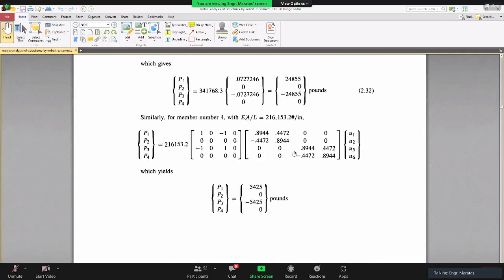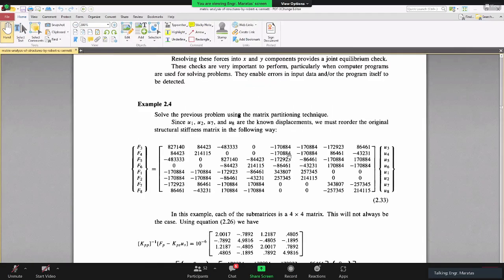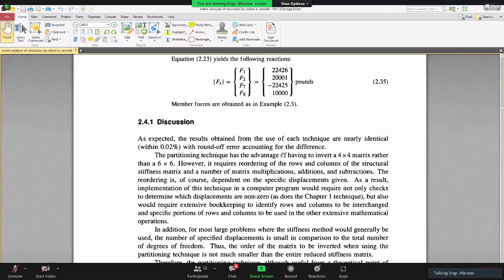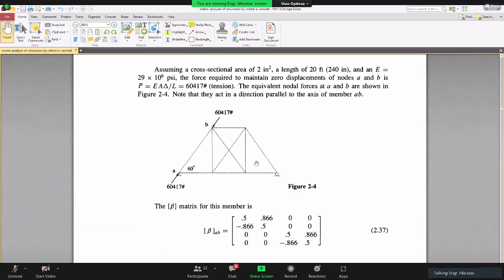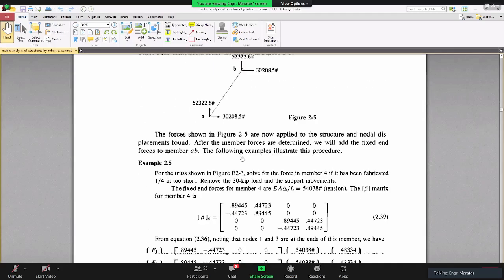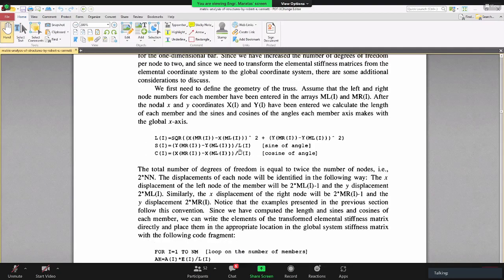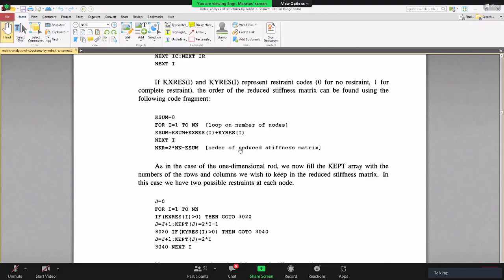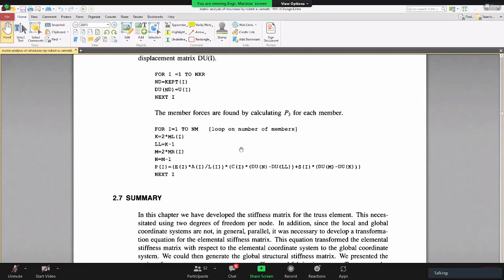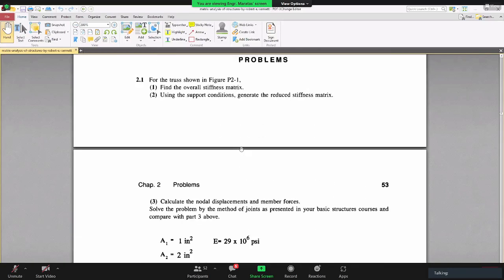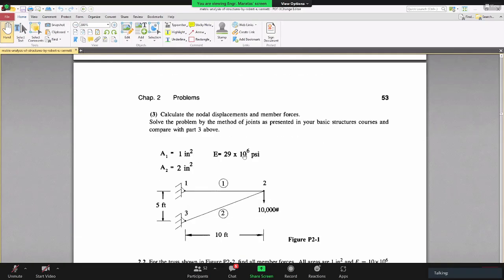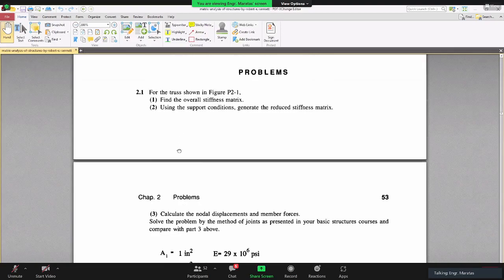As for your assignments, kindly take note. This will be included. So 2.1.